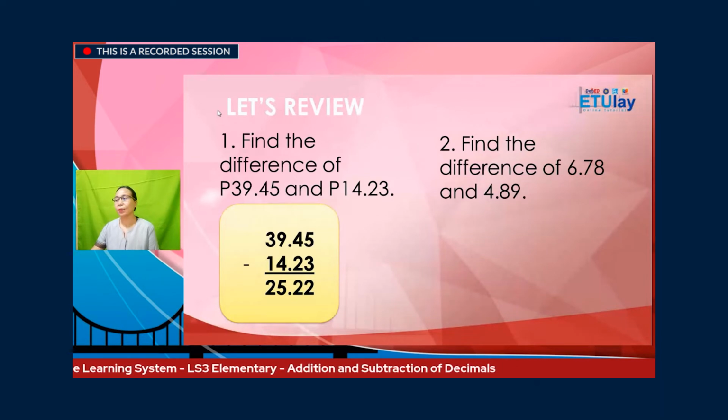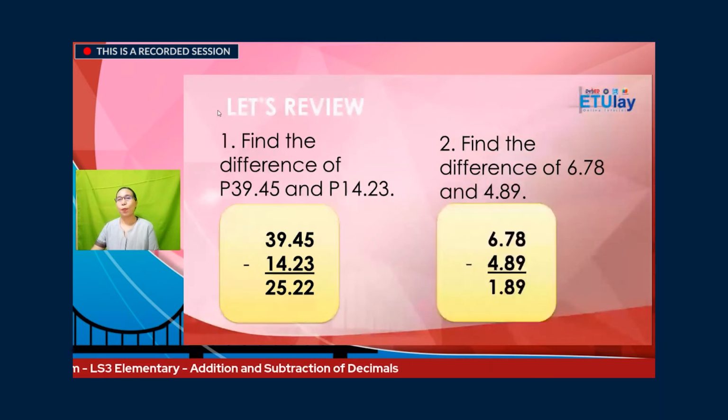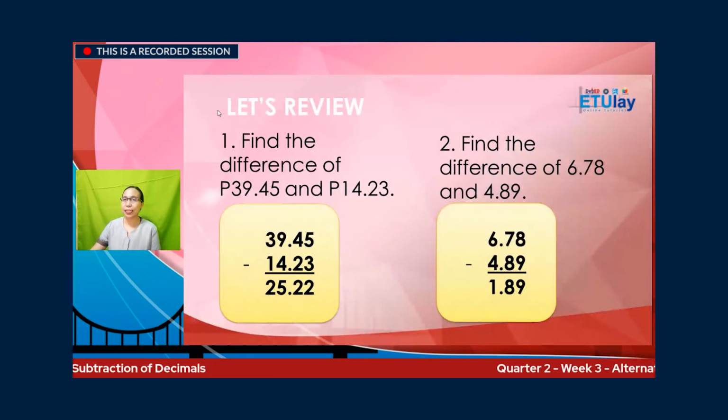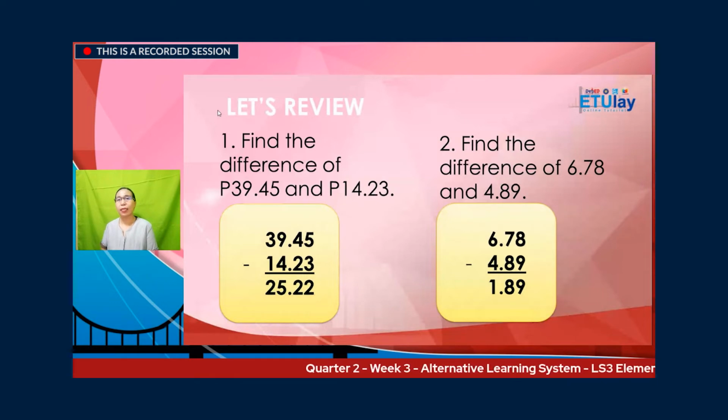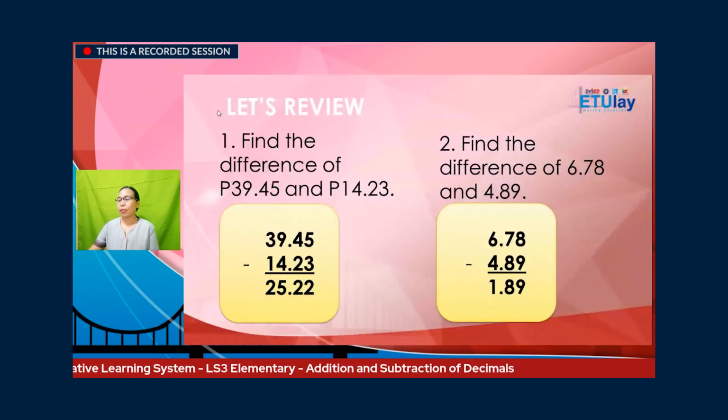So we got 6.78 minus 4.89. First, we'll subtract 8 minus 9. Cannot be. We cannot subtract 8 and 9. Again, we need to borrow 1 from 7. So we have 18 minus 9, it's 9.